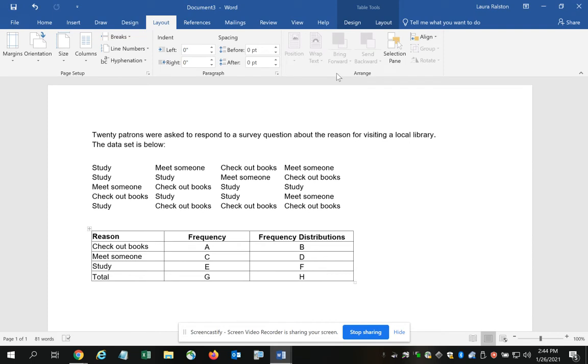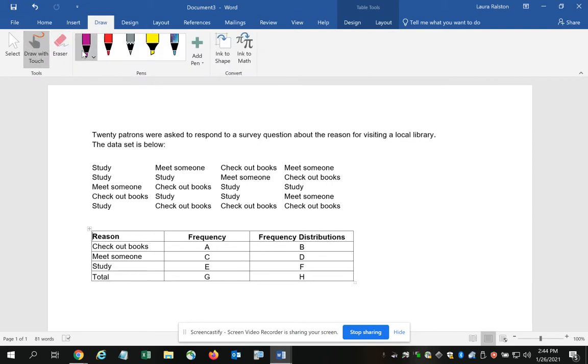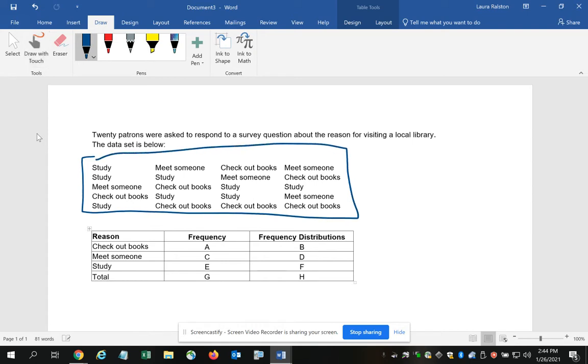This is an example from the practice problems or the homework problems. It says, 20 patrons were asked to respond to a survey question about the reason for visiting a local library. And the data set is below. Okay, and so they give you the 20 responses. This list right here, kind of in the middle, is your data.